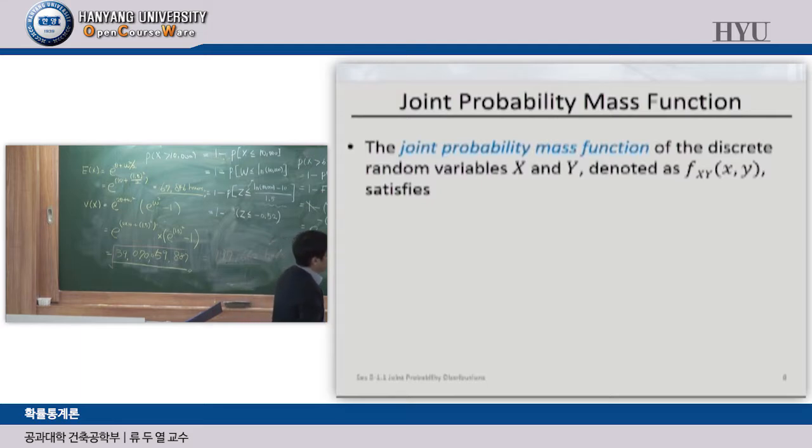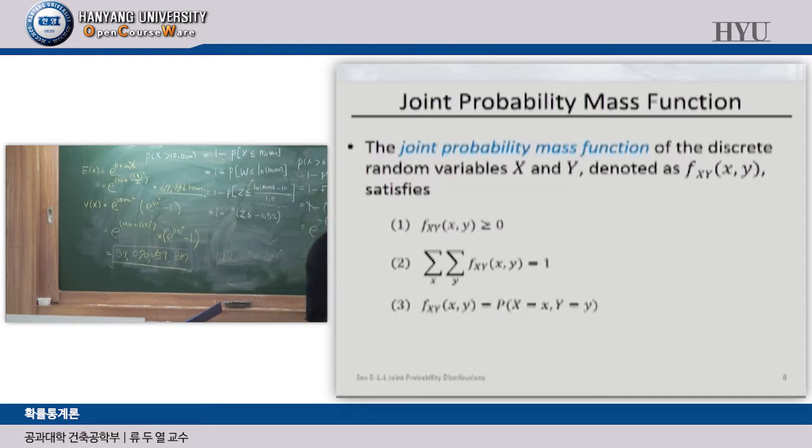The joint probability mass function of the discrete random variables x and y is denoted as f_XY(x, y), and this satisfies, firstly, that it is larger than or equal to 0. And the summation of this joint probability mass function is equal to 1. And the joint probability mass function can be expressed by this equation, the probability of X equal to small x, comma, Y equal to small y. Okay?